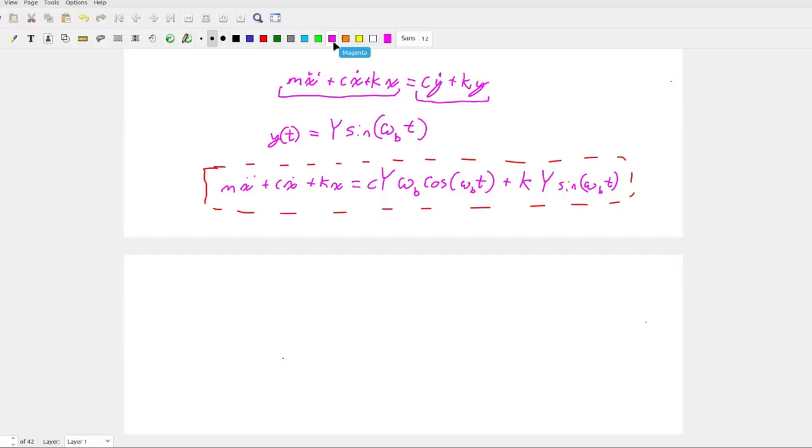We can get that in standard form if we divide by whatever leads the x double dot term. In our case here, it's just mass, and apply the equation for critical damping.